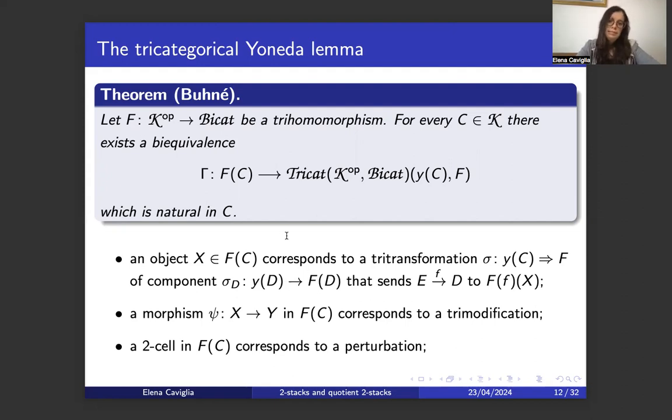And the proof of this also gives the explicit biequivalence as it happens in the standard case of the Yoneda lemma.